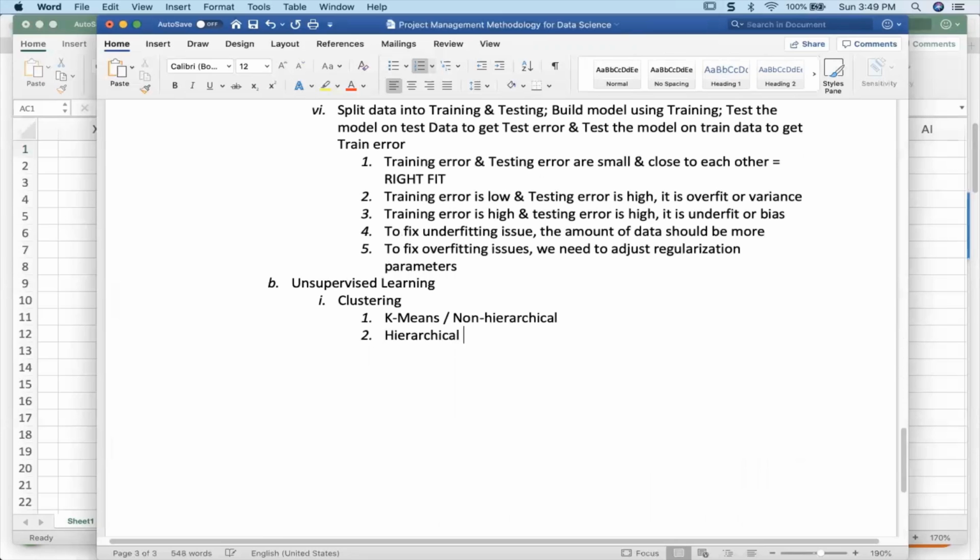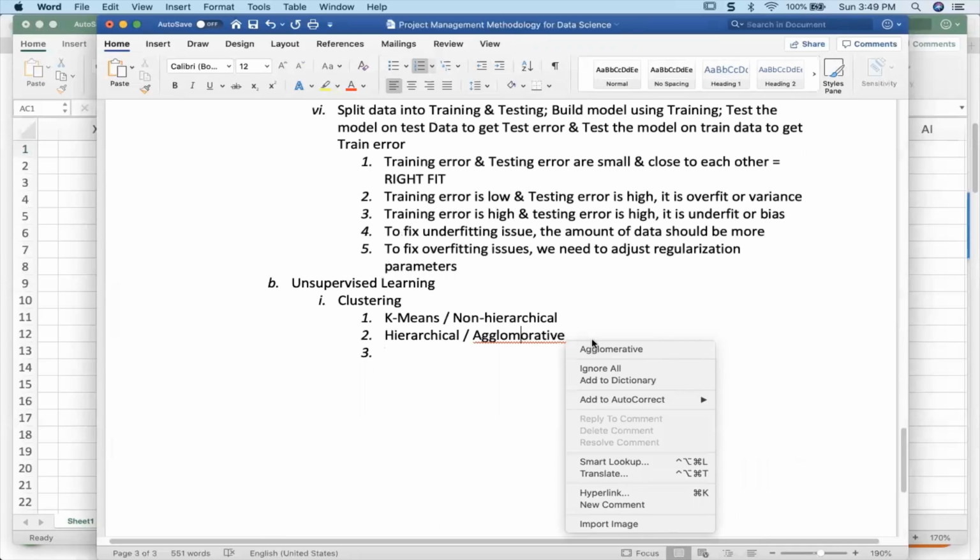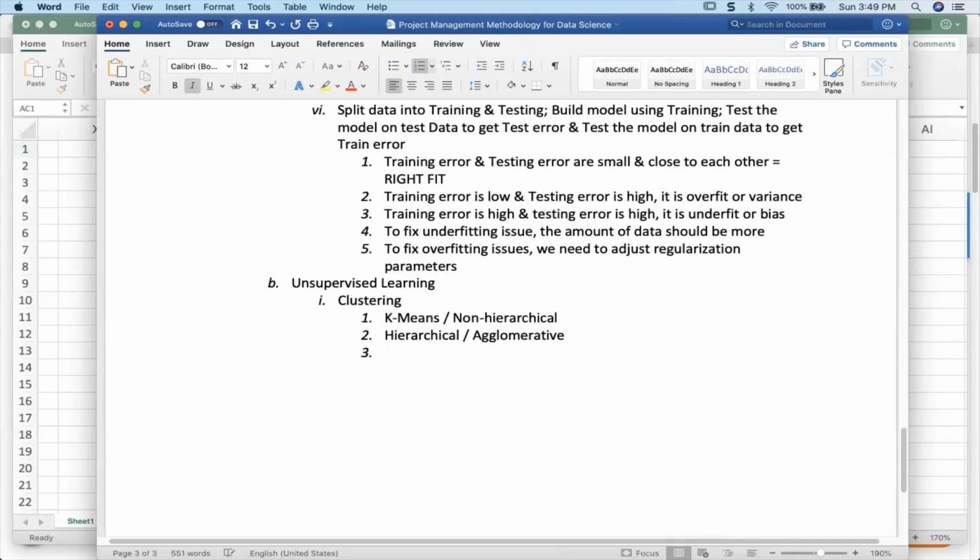Then hierarchical is also called agglomerative or divisive clustering technique. Then you also have DBSCAN. There's also CLARA, OPTICS, k-medoids, and all that. That will be part of your webinars. Everything cannot be covered in significant detail, right?